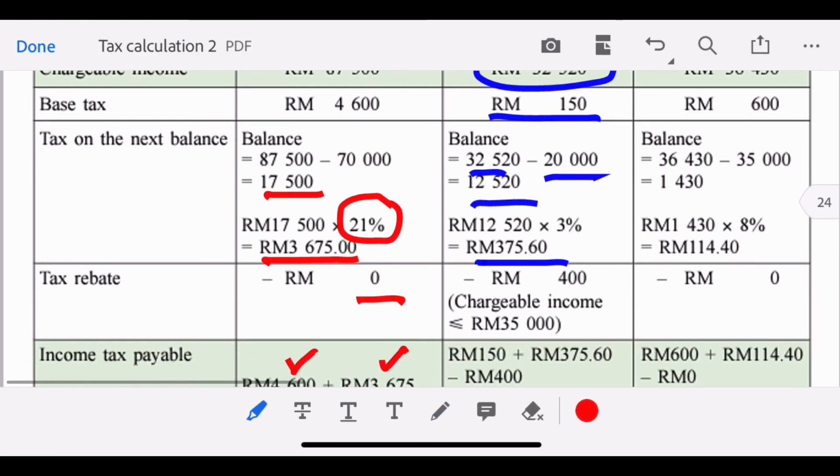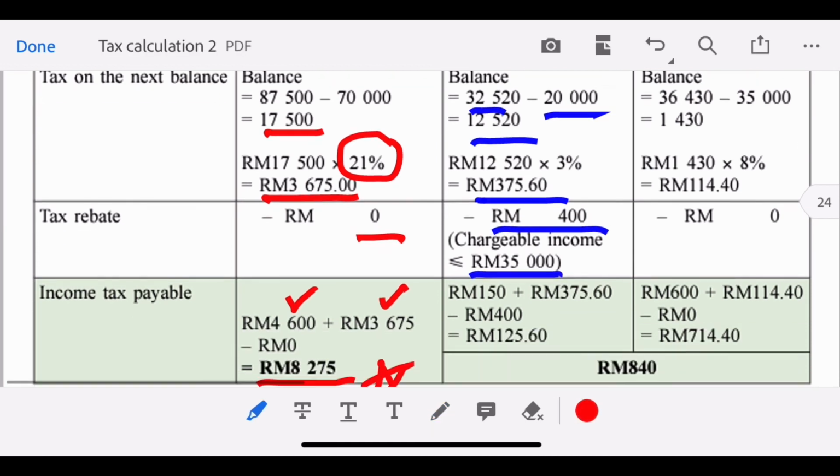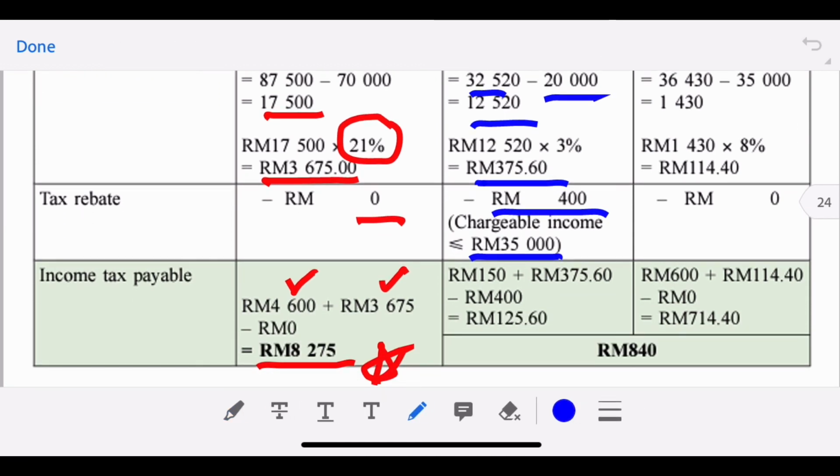But because the chargeable income is less than 35,000, Mr. Rajan is entitled to 400 rebate. So the income tax payable for Mr. Rajan is 150 for base tax, and then this is the tax on the next balance, minus 400 for the rebate. So Mr. Rajan just needs to pay 125.60.